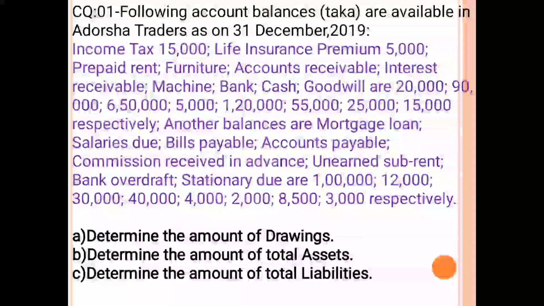Dear learners, you are watching a new creative question for this part, that is accounts. At first, you have to take your accounting practice copy for writing this question.